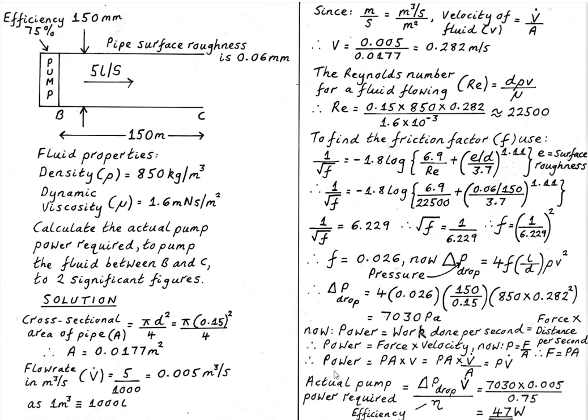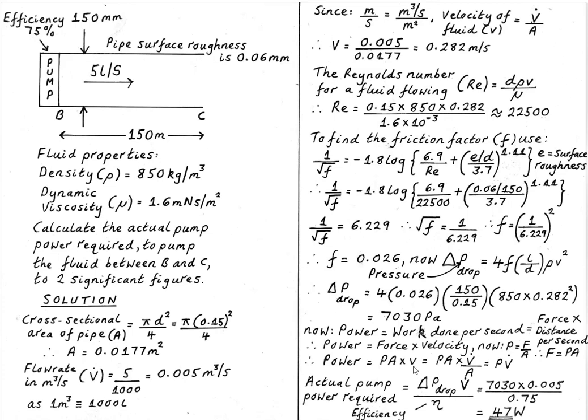So now we have power equals force, which is pressure times area, times velocity, which is little v, and as we found up here, the velocity of the fluid is in fact the volumetric flow rate divided by the cross-sectional area of the pipe.